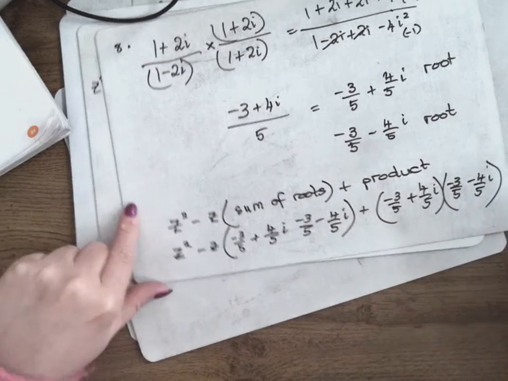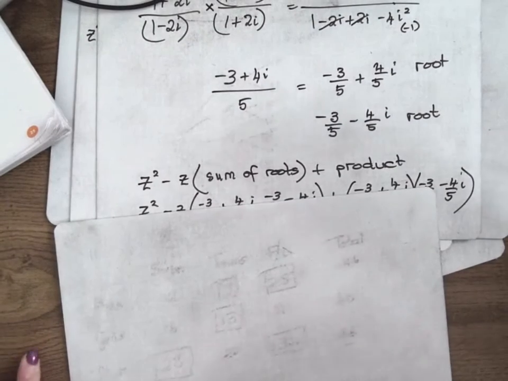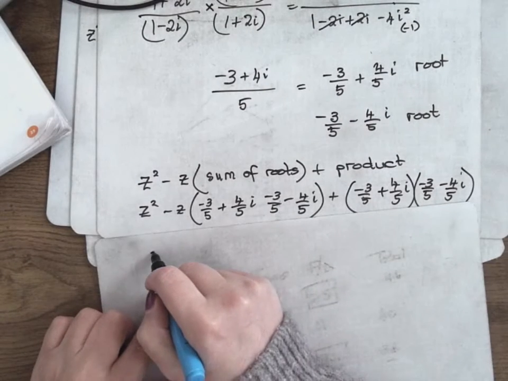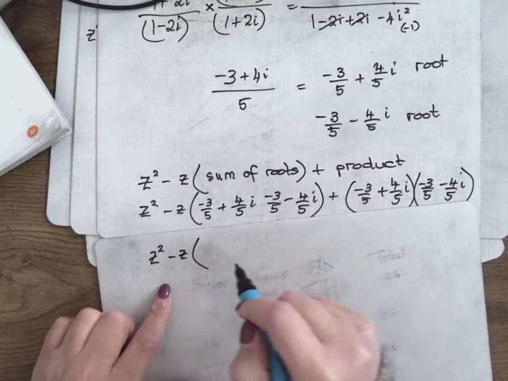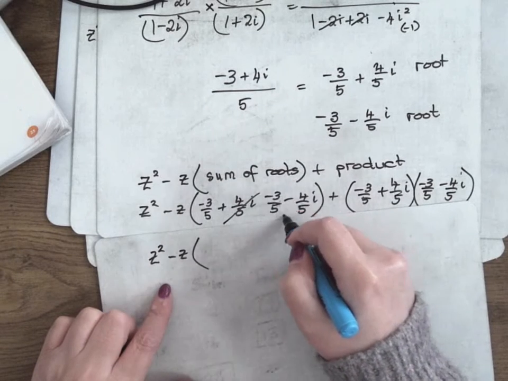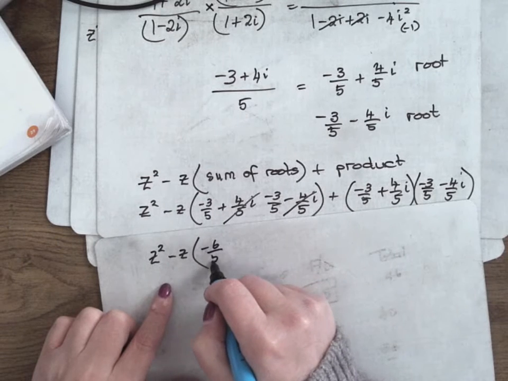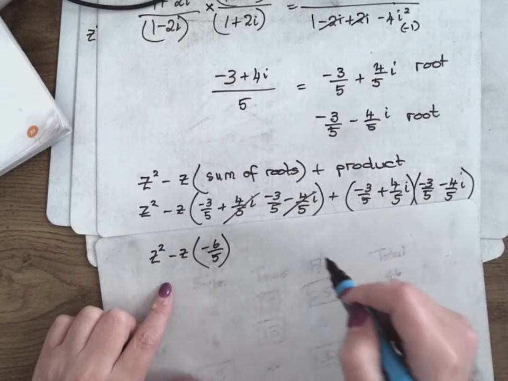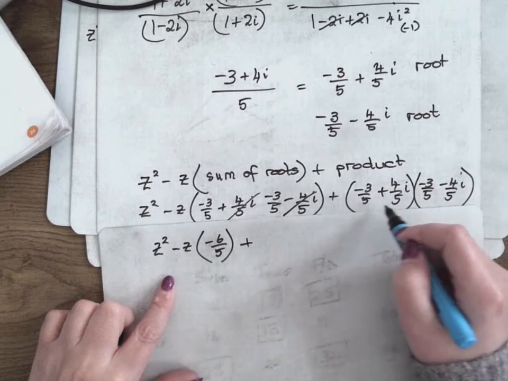Okay, so you get z squared minus z times, inside that, plus 4/5 i minus 4/5 i will cancel, minus 3/5 minus 3/5 is minus 6/5. Over here, multiplying out, minus 3/5 by minus 3/5 is 9/25.